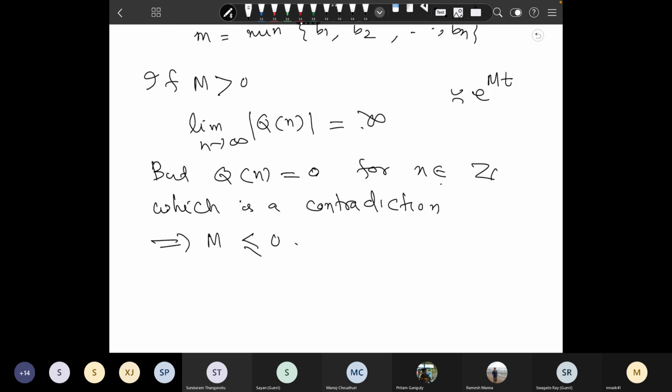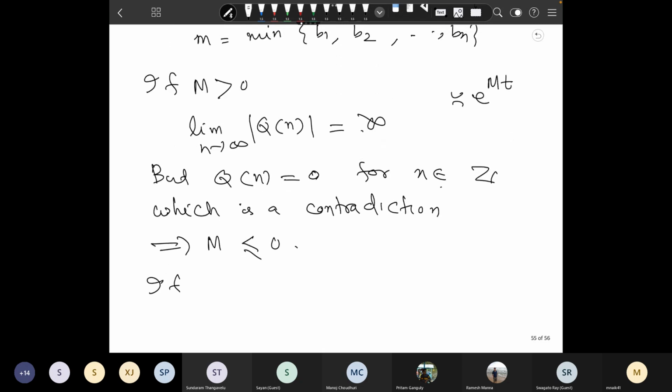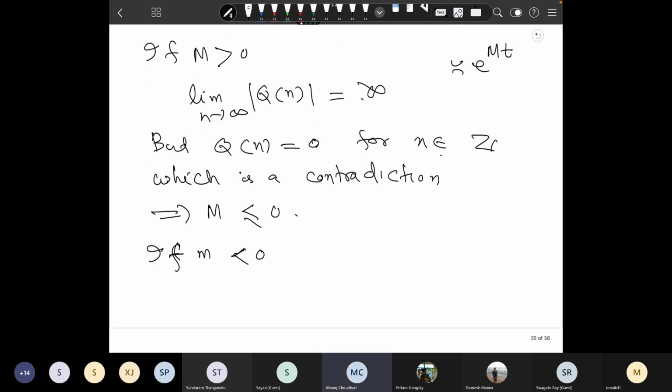Okay. Similarly, if this minimum m is less than 0, then you will get that the limit n tends to infinity of Q(-n) is infinity, and you know that this is equal to 0 always.